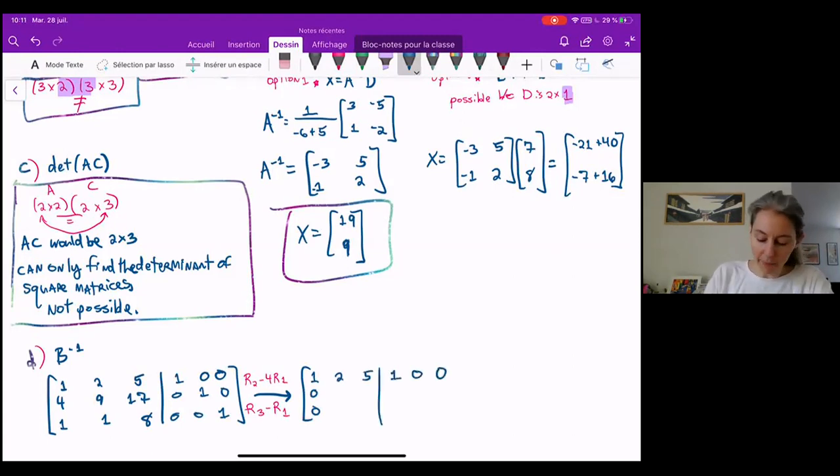Then 9 minus 8, that's 1, 17 minus 20, that's negative 3. And then minus 4, 1, 0. And then 0, 1 minus 2, that's negative 1. 8 minus 5, that's 3. 0 minus 1, that's negative 1. 0. 1.